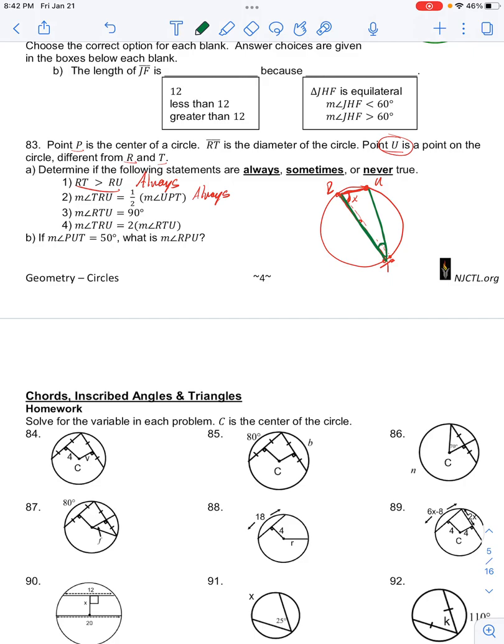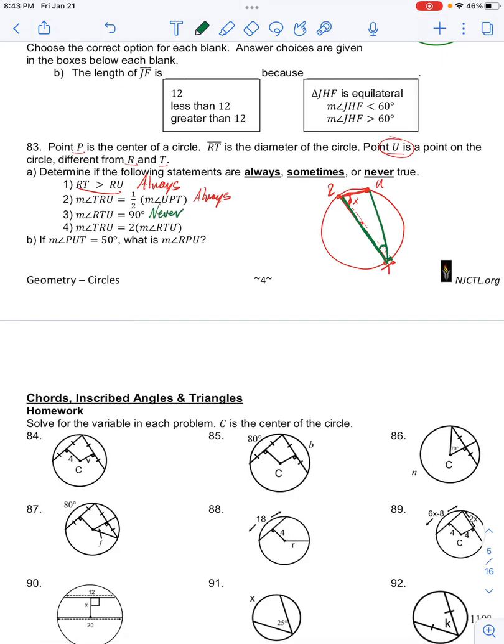And actually, it would never be true, because if RTU were 90 degrees, then U would have to be a point actually lying outside of the circle. It would have to be somewhere out here in order to form a 90-degree angle. Even in the limiting case, where our point is very close to T, this angle is always going to be less than 90 degrees. So actually this one is never true.